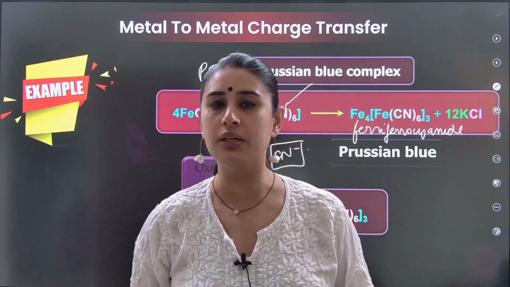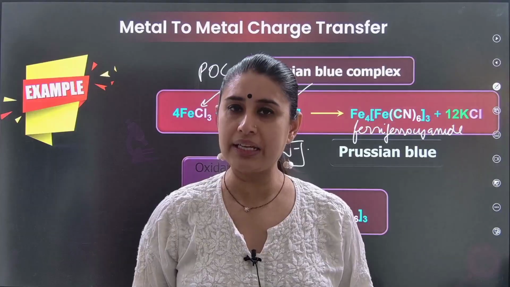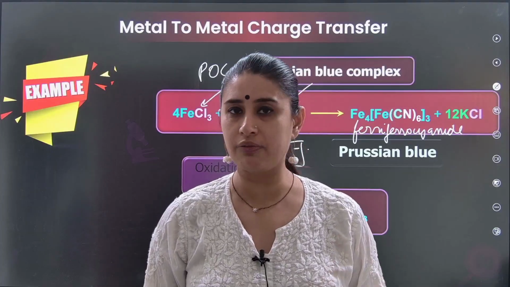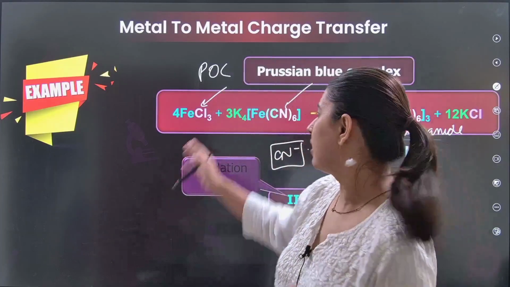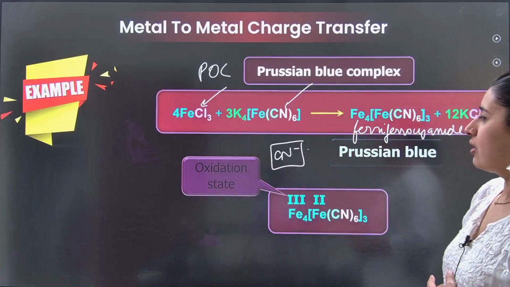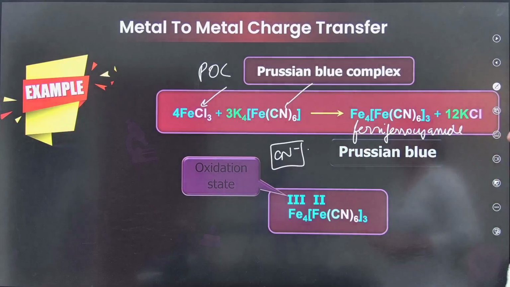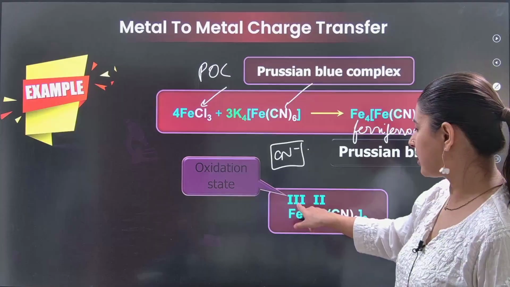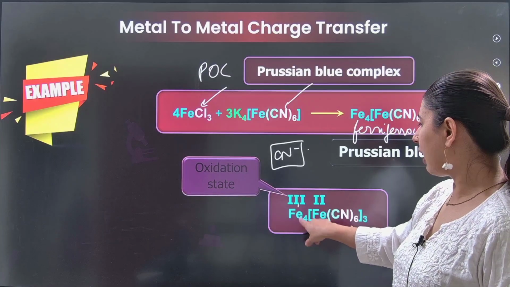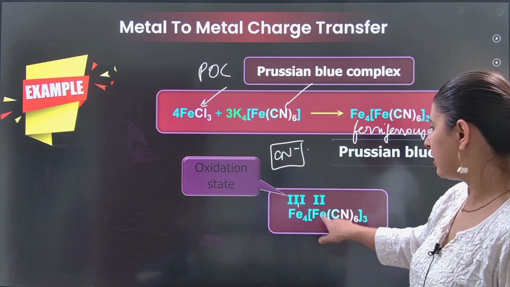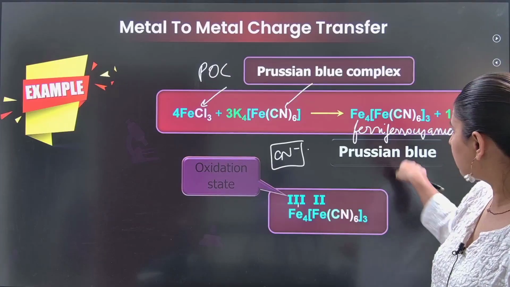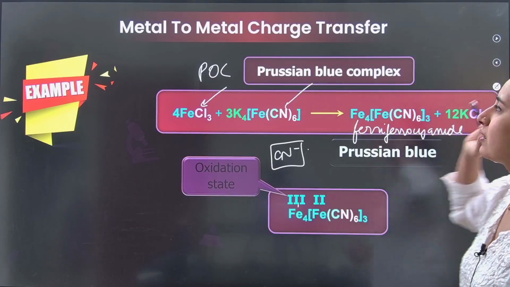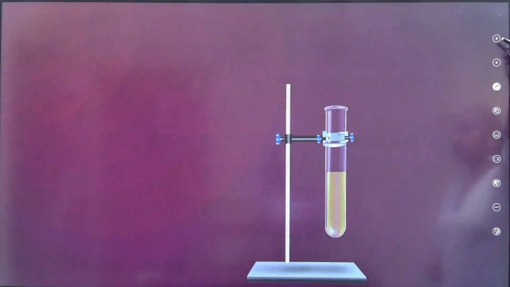If there is an organic compound containing cyanide, you first convert it into NaCN, you add FeCl3, and the complex which is formed has oxidation state of iron outside +3, the counter ion, and the inner one +2. So the reason of this Prussian blue is because of the metal-metal charge transfer.